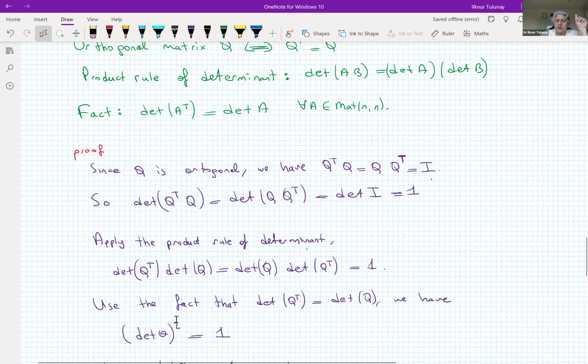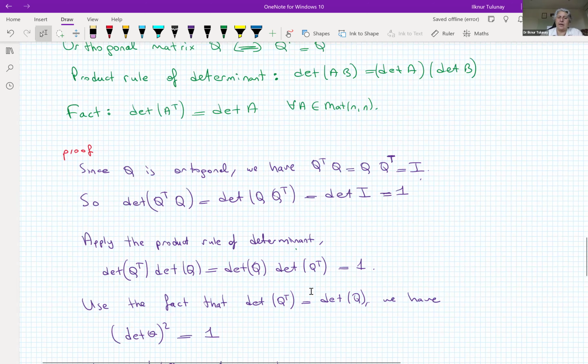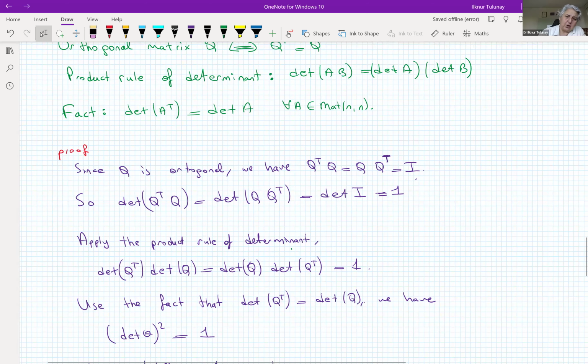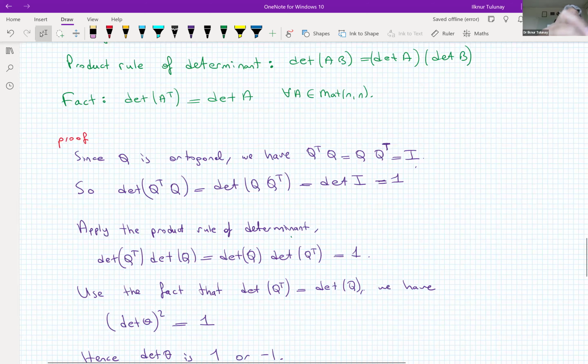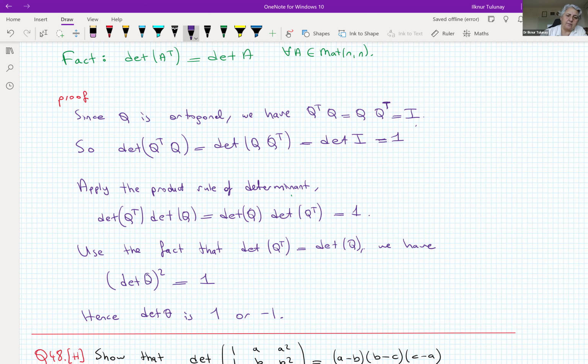So now it is time to use this fact: the determinant of the transpose is exactly the determinant itself. So here the determinant of Q transpose is the determinant of Q. So that is the determinant of Q, squared. This is what I'm doing here. It looks like a theta, but it should be Q here.